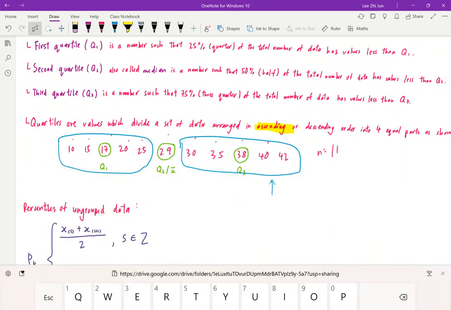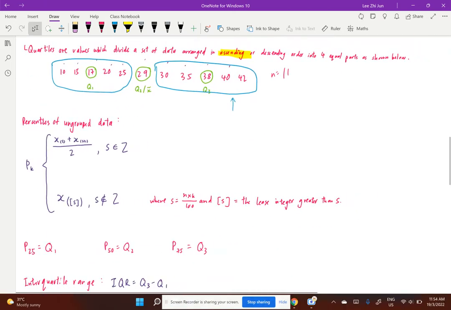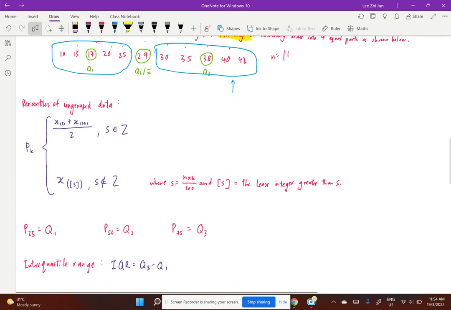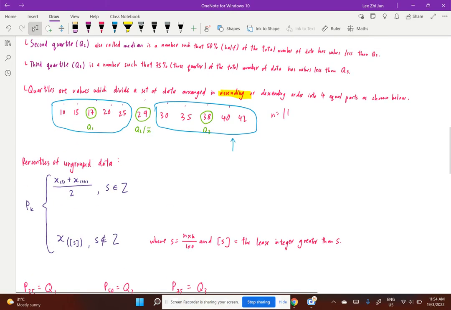Well, the percentile is new for us, but it's not that hard. The percentile is like 10%.